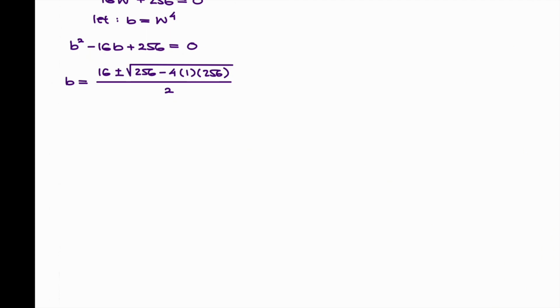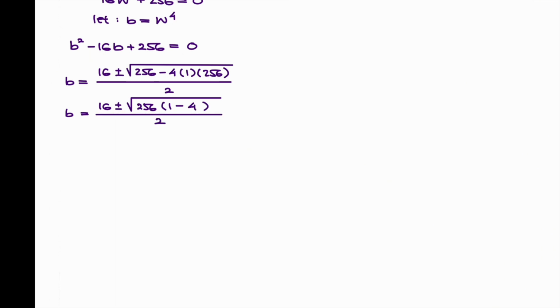If you simplify the expression inside the square root here, then you will obtain 16 plus minus square root. I can factorize 256. Then I will obtain 256 times 1 minus 4, over 2.